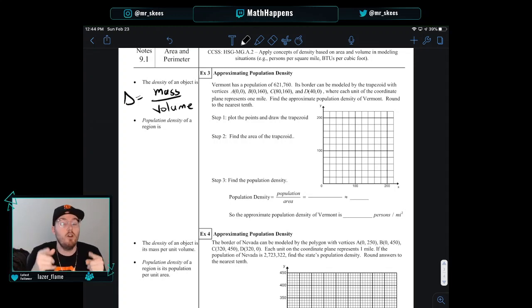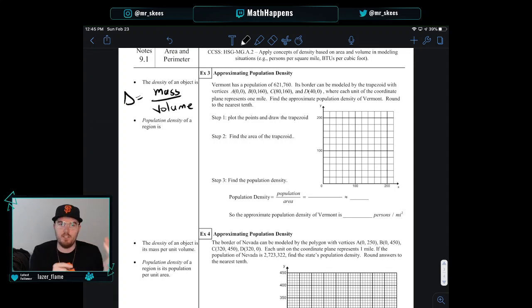They all have the same volume. Volume meaning how big they are. I can hold them all in basically the palm of my hand. They're all relatively the same size sphere. But the weight or the mass of each object is different.